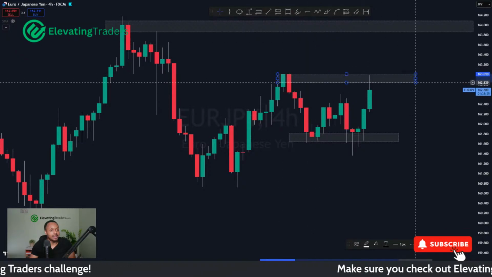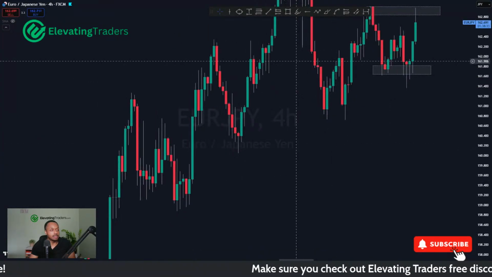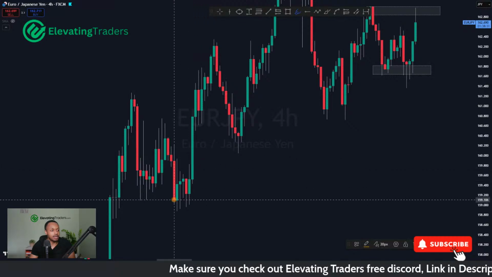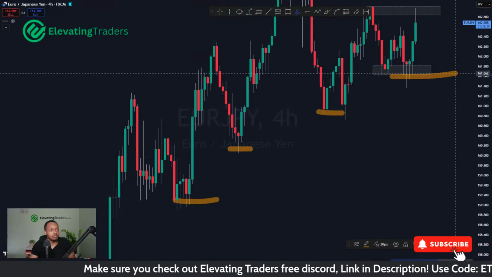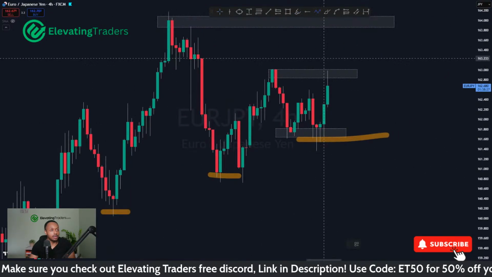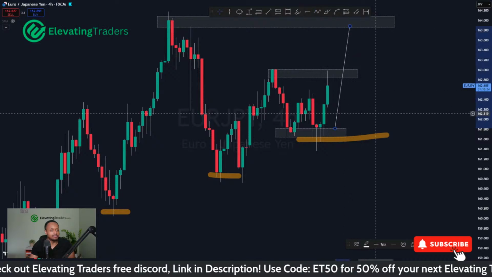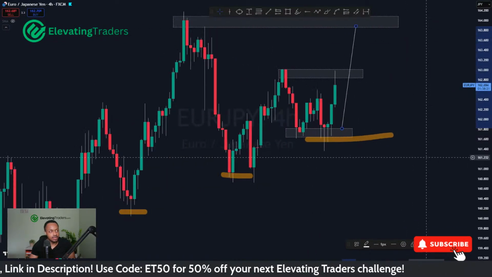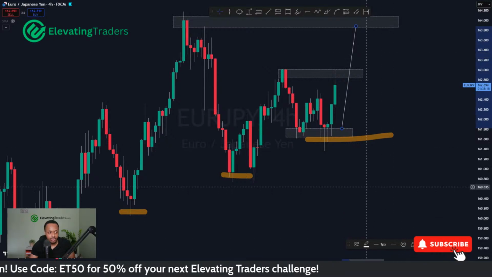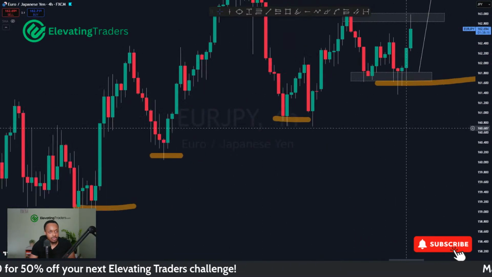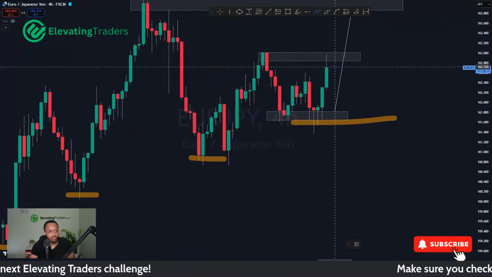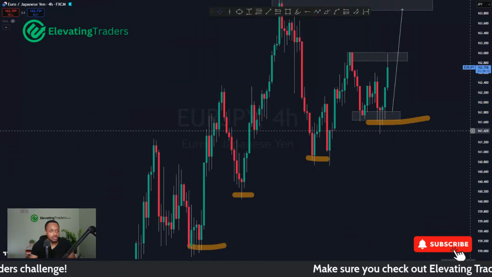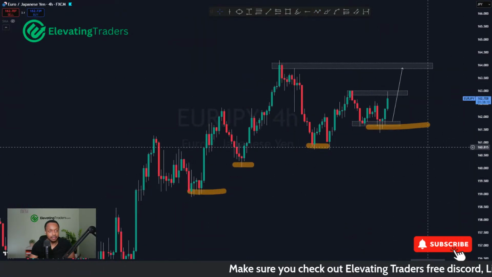But the way I see it right now is that price is still finding support and still just about squeezing in these higher lows. So in my book, I'm kind of looking for price to push up again for euro yen back into 163.8. And then potentially you might see some sells from there as well, because the higher lows are still very consistent. Until we start breaking through them, it's hard for me to justify a sell.